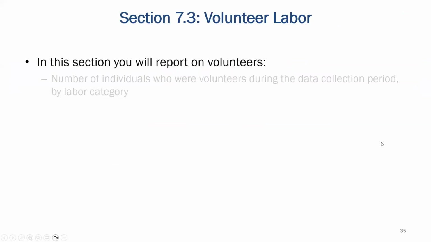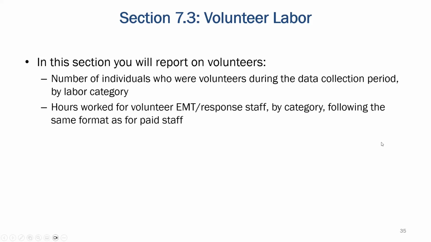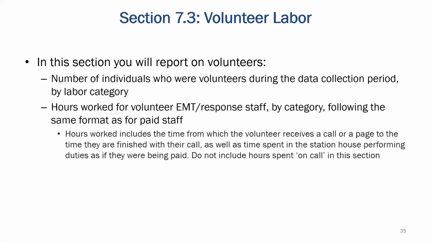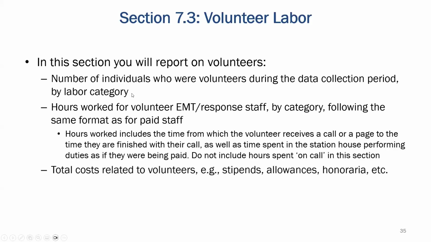Section 7.3, volunteer labor, follows, again, a similar pattern. So one difference between section 7.3 and 7.1 and 7.2 is that 7.3 asks you for the number of individual staff who were volunteers during the data collection period.